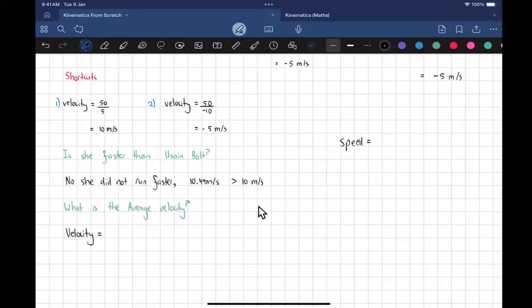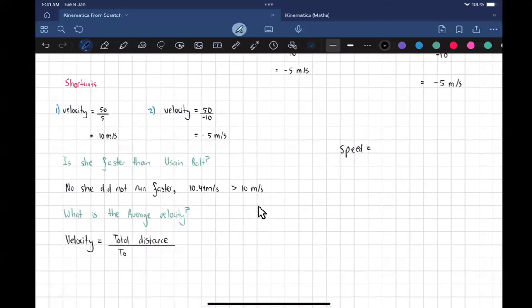But we just do a little maths. Real simple here. So if you want to figure out velocity, you could say total distance over total time, or you could say total displacement over total time.